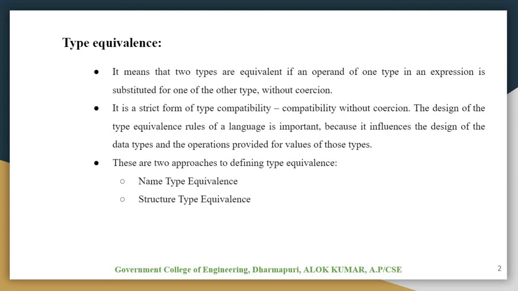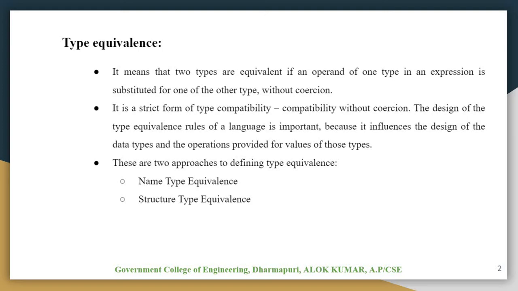So it is a strict form of type compatibility without coercion. The design of the type equivalence rules of a language is important because it influences the design of the data types and the operations provided for values of those types.